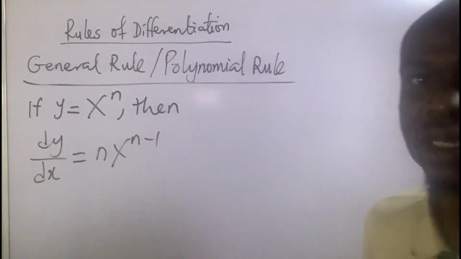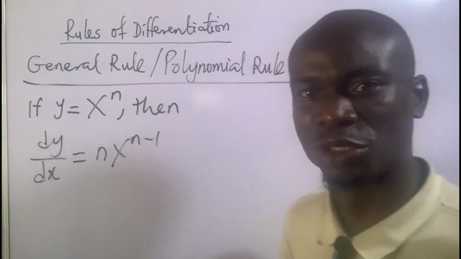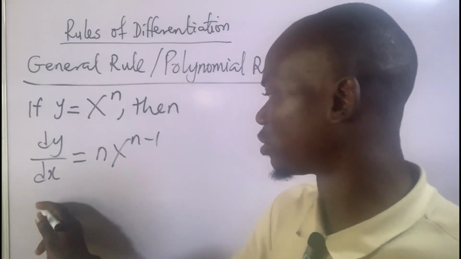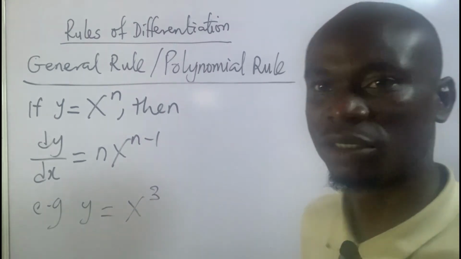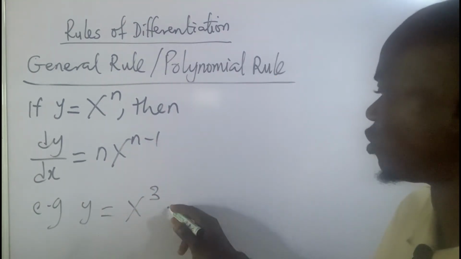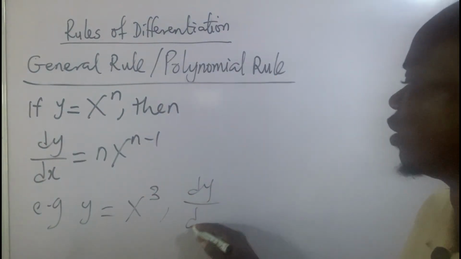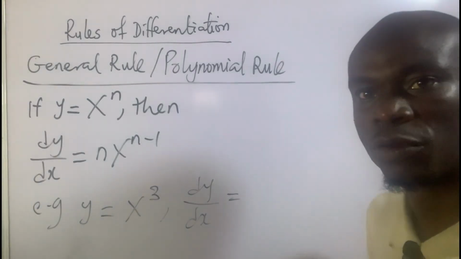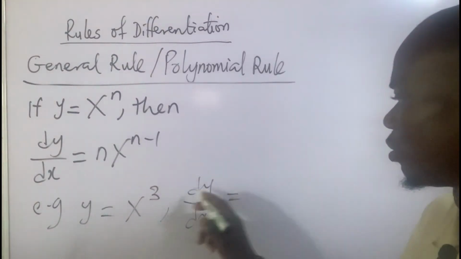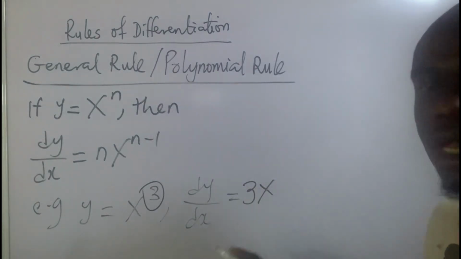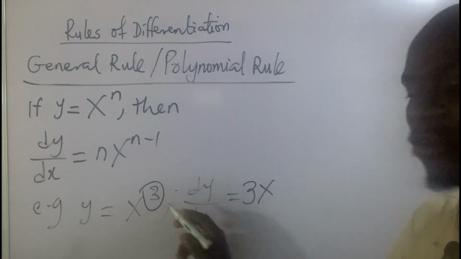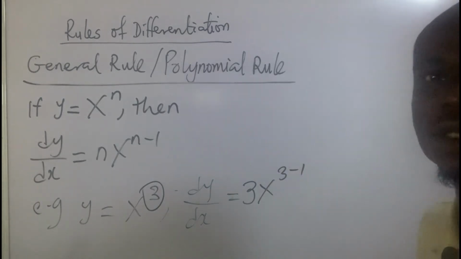What this simply means is that anytime I'm differentiating a polynomial, for instance, if I'm given y equals x raised to power 3, the differentiation, which is dy over dx, will be equal to multiplying with the original power, 3x, and subtracting 1 from the original power, 3 minus 1.